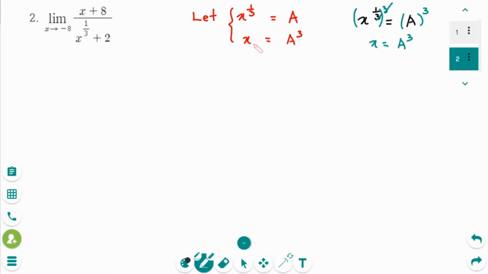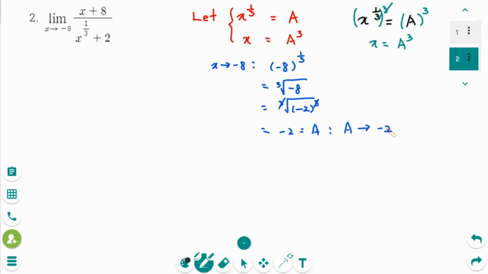When you put minus 8 into x, you get minus 2. So as x approaches minus 8, the cube root of minus 8 equals the cube root of minus 2 cubed, which means minus 2.